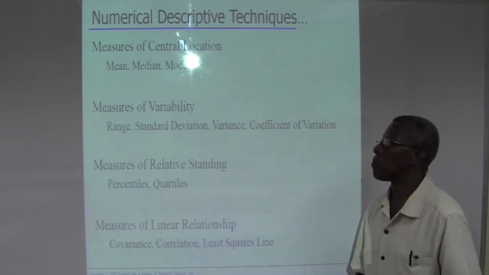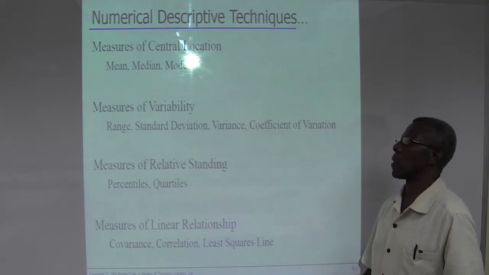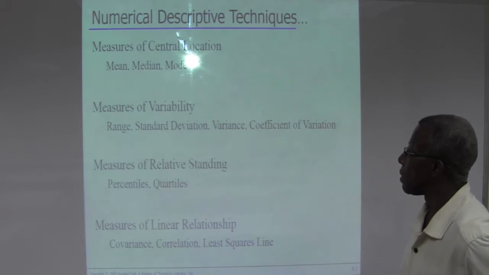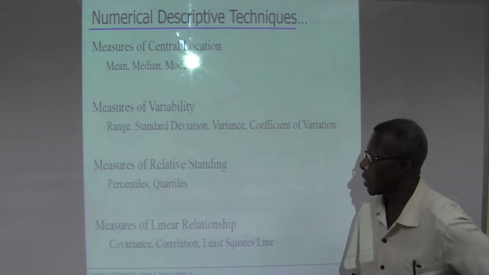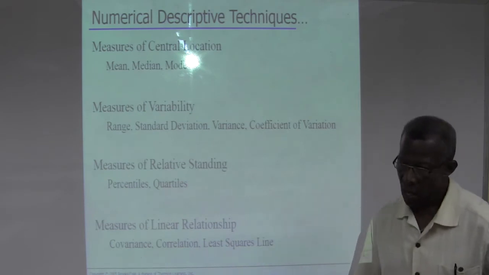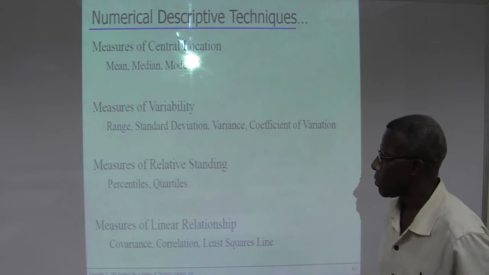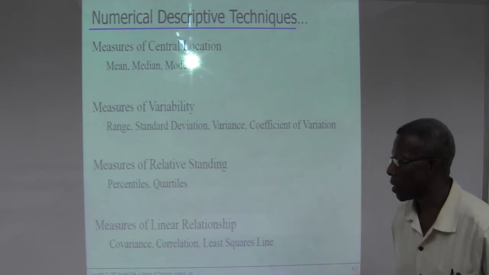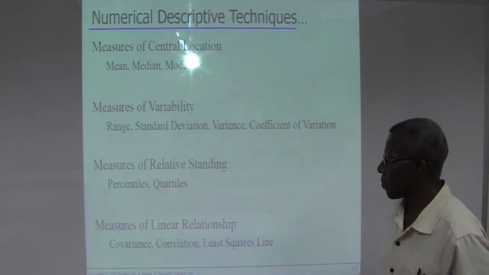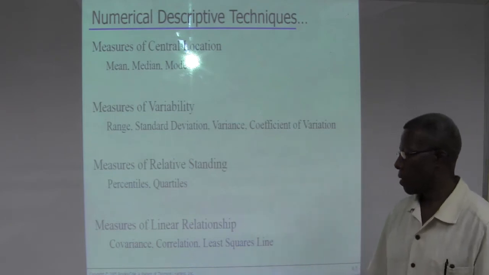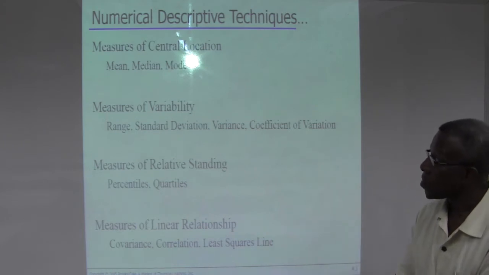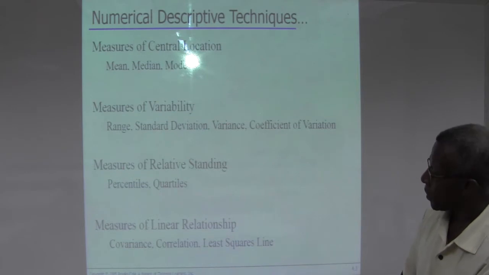Then we look at measures of variability: the range, the standard deviation, the variance, the coefficient of variation, and measures of relative standing, percentiles and quartiles. Measures of linear relationship involve covariance, correlation, and the least squares line. That will cover chapter 4.